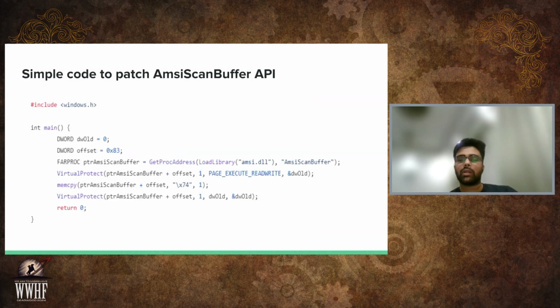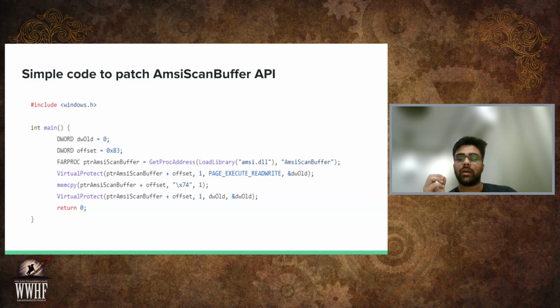So here is a simple code that can be used to patch the AmsiScanBuffer API. First we load AMSI.DLL into memory using the LoadLibrary API, and using GetProcAddress, we get the address of the AmsiScanBuffer API. Then we change the protections implemented by Windows on the memory space of this particular function, and then we override a specific offset, in this case 0x83.